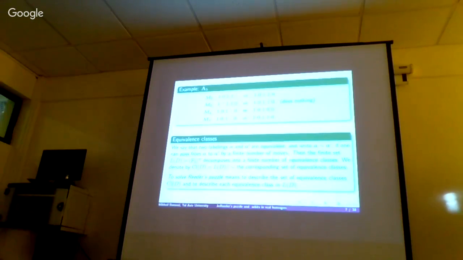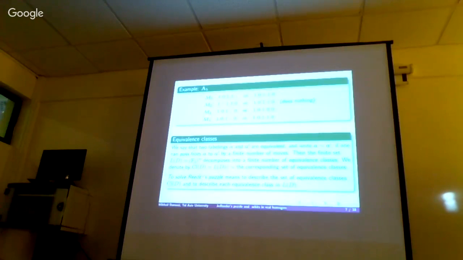This is an equivalence relation because M_i squared is the identity, and the finite set L of D, which has 2 to the n elements, decomposes into a finite number of equivalence classes. We denote this set of classes by classes of D. This is L of D modulo this equivalence relation.